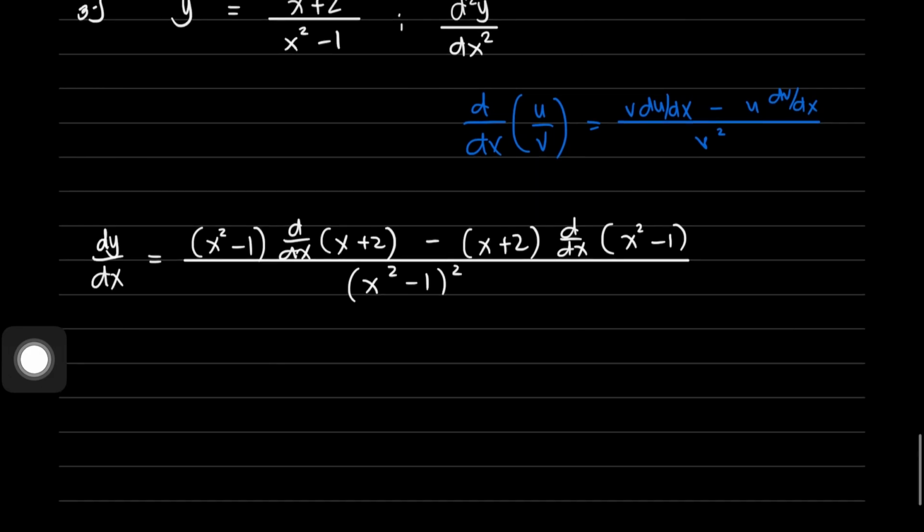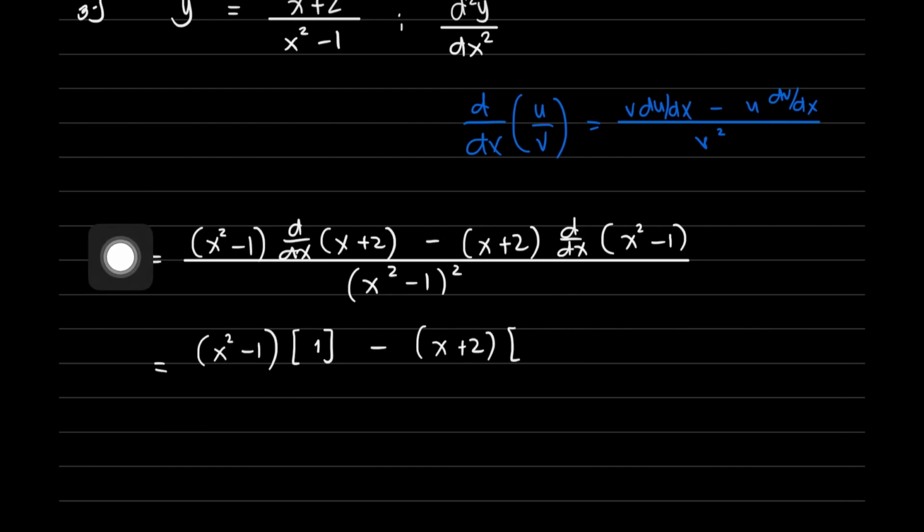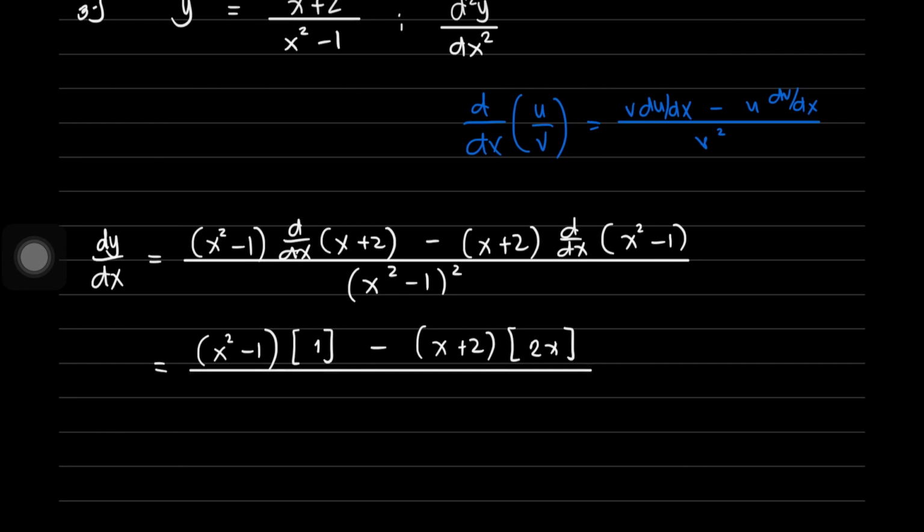Okay, so this is now equal to x squared minus 1 multiplied by the derivative of x plus 2, so that's equal to 1, minus x plus 2 multiplied by the derivative of x squared minus 1, so the derivative of x squared is 2x, and the derivative of negative 1 is equal to 0, all over x squared minus 1 raised to the second power.